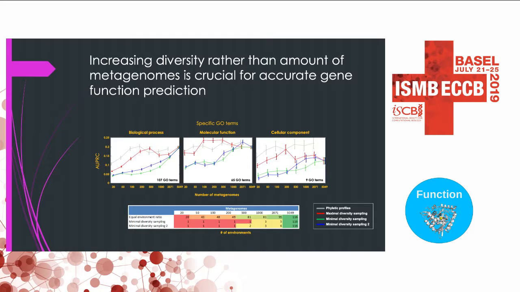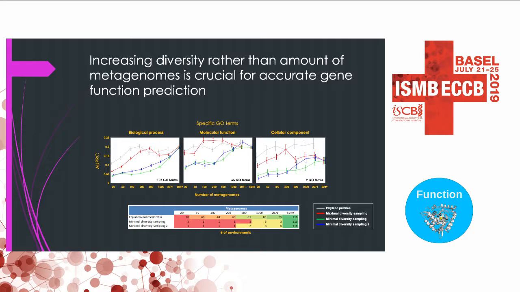Finally, we performed a simulation to understand how we can maximize predictive accuracy of MPP. So we gradually added metagenomes to MPP and measured predictive accuracy at different points. We used two sampling strategies.